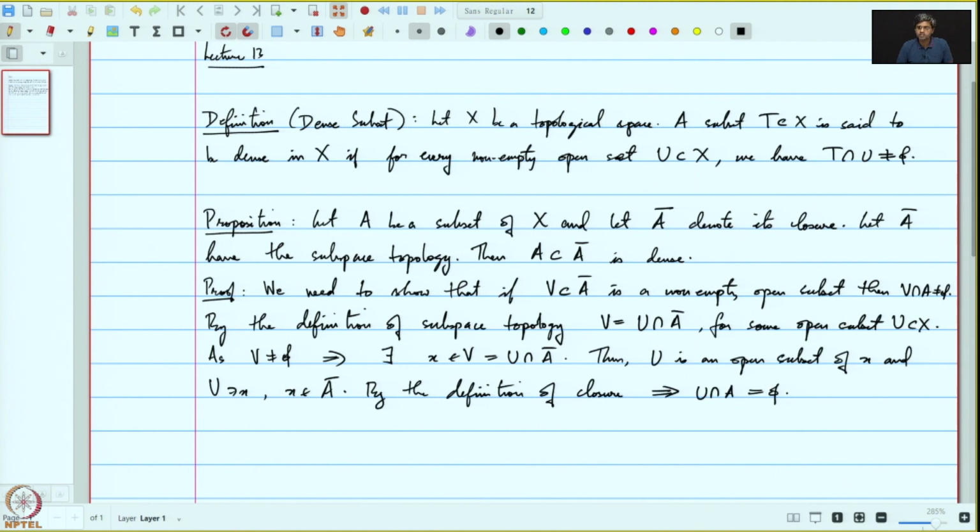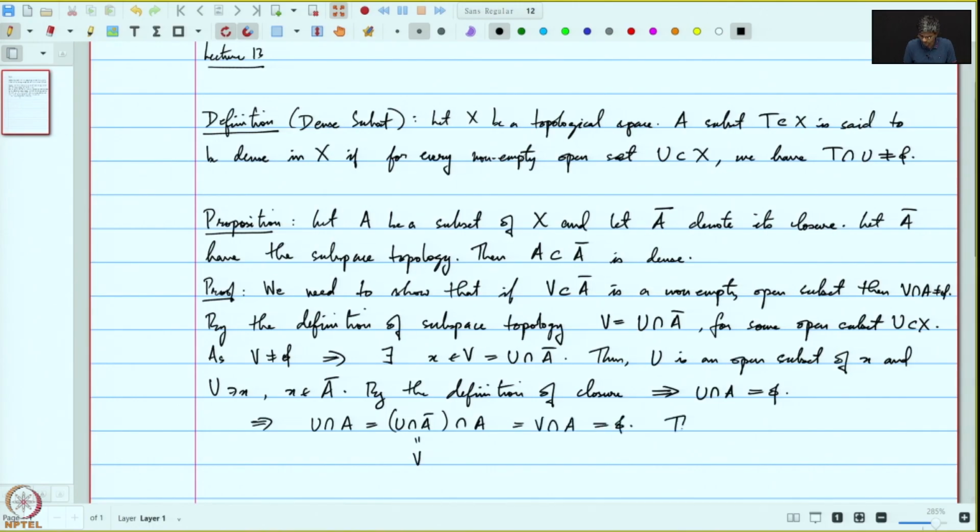Recall the definition of closure: x is in A closure if every open subset containing x meets A. So this implies that U intersection A, which we can write as U intersection A closure intersection A, because recall that A is contained in A closure, that is trivial, and this is equal to V, is non-empty.